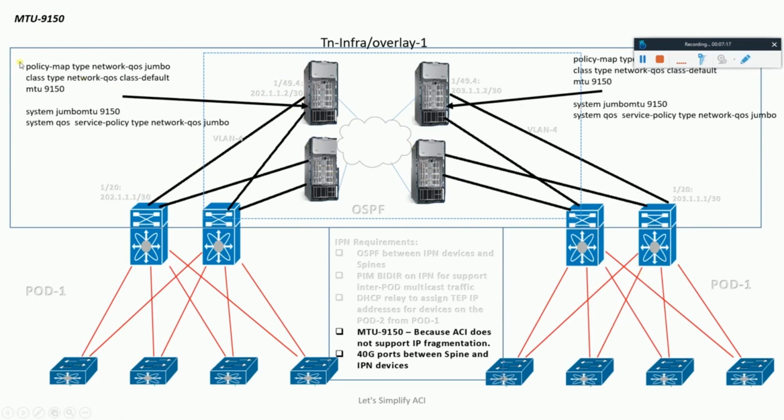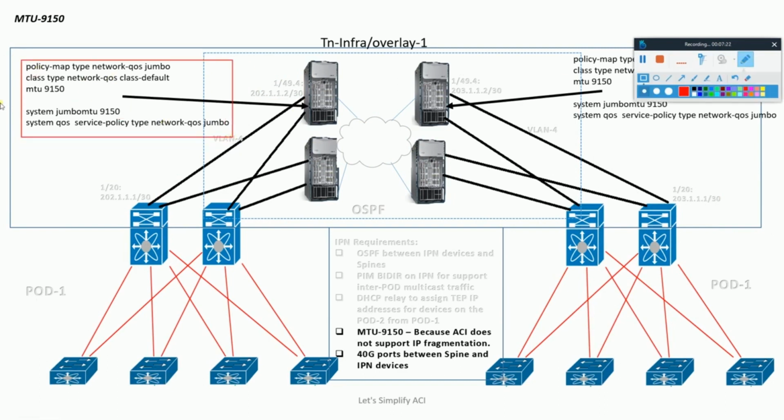So this is the standard way to configure a jumbo frame on the Nexus platform. We define a policy map. The class type is defined as network QoS, and under that QoS we can define the MTU as 9150, and then implement that policy on the system using the service policy type commands.